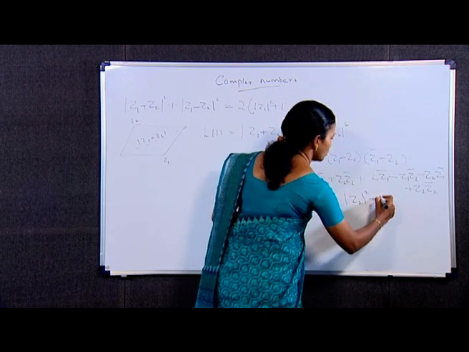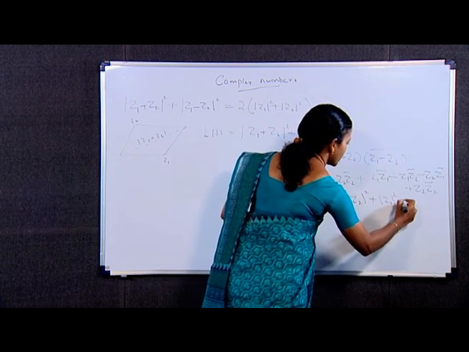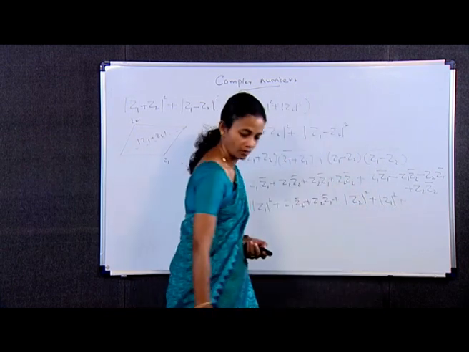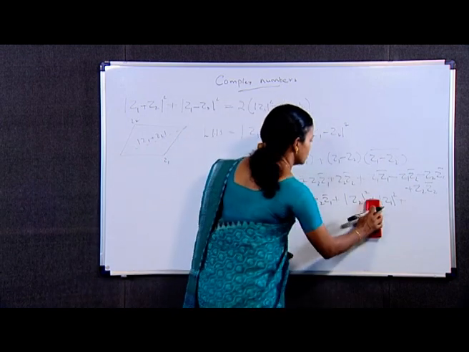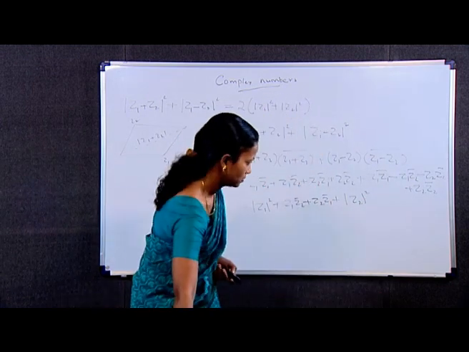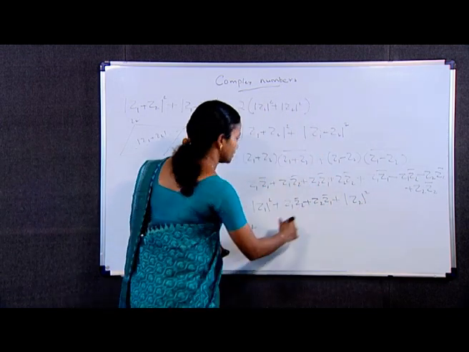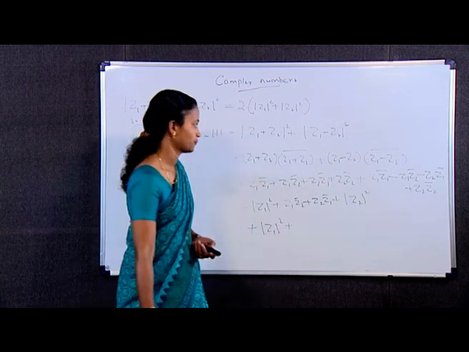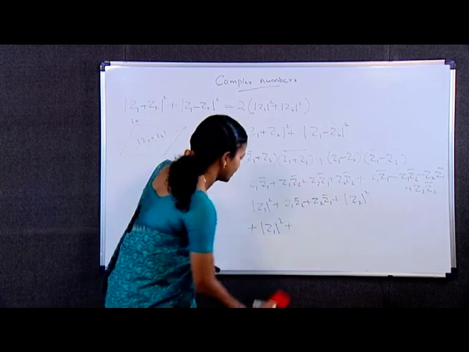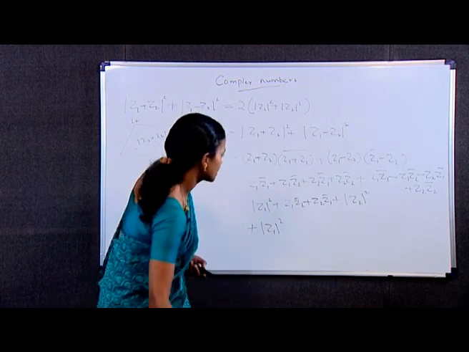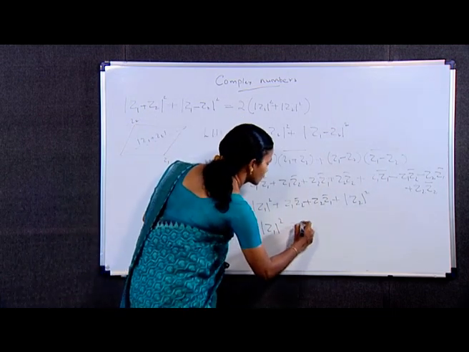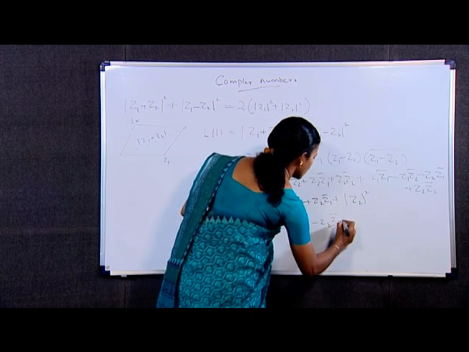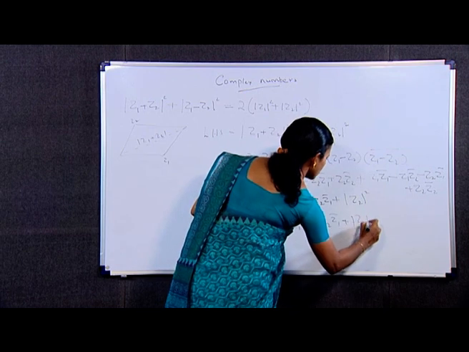Again here we have mod Z1 square, and here we have minus Z1 Z2 conjugate minus Z2 Z1 conjugate plus mod Z2 square.